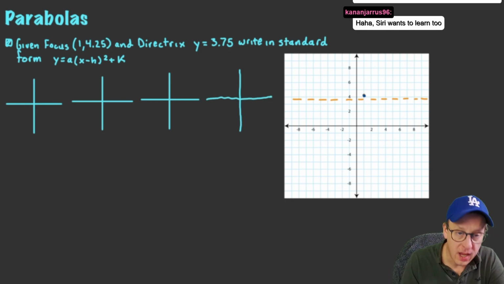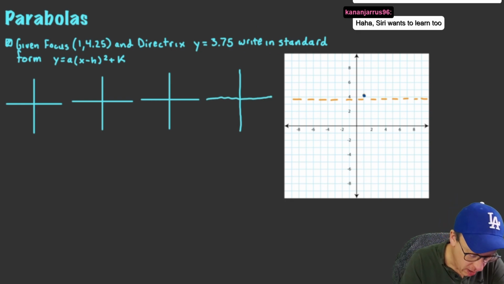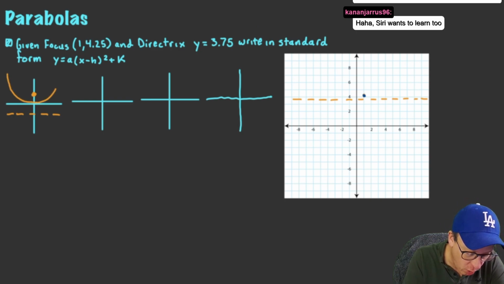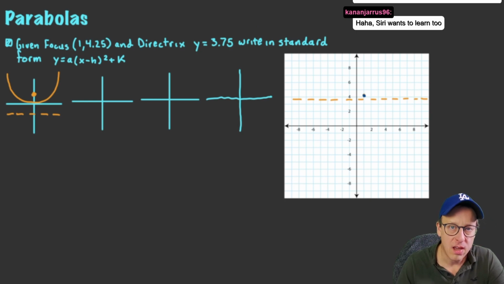Okay, so basically, if you have a focus at this point and you have a directrix at this point, what you know is your parabola is going to fall somewhere between the focus and the directrix.